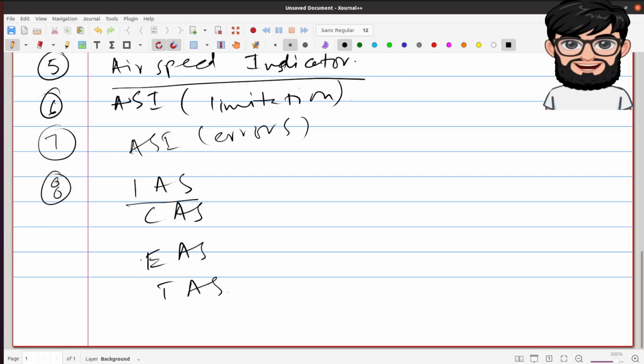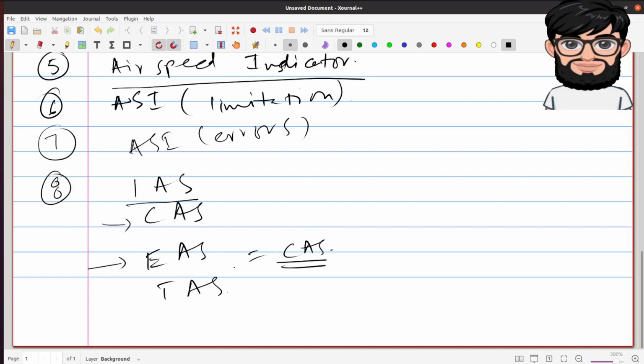Then this is the equivalent airspeed: the airspeed indicator reading corrected for position or instrument error and for compressibility, the adiabatic compressible flow, for the particular altitude. So basically EAS is equal to CAS at sea level in standard atmosphere.